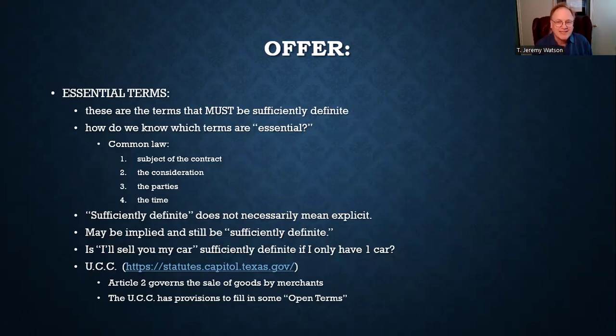We didn't identify time until that very last or second to last offer, right? By Friday at 1 o'clock. Did we have an offer with I'll sell you my car for $1,000? Well, remember, we talked a couple of weeks ago, different types of contracts. You could have an implied contract, or you could have an express contract. Not all terms, for an offer to be sufficiently definite, have to be express.